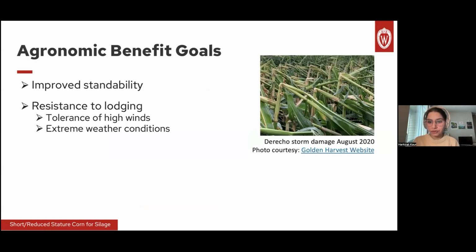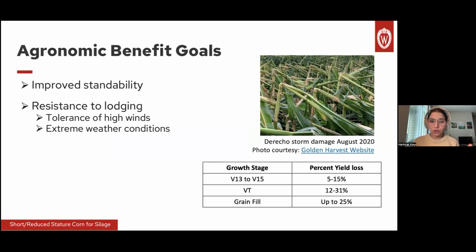Here I have a picture of the Derecho storm from 2020, and a quick analysis of lodging studies across the upper Midwest shows that at different stages of corn growth, we observe different yield losses.